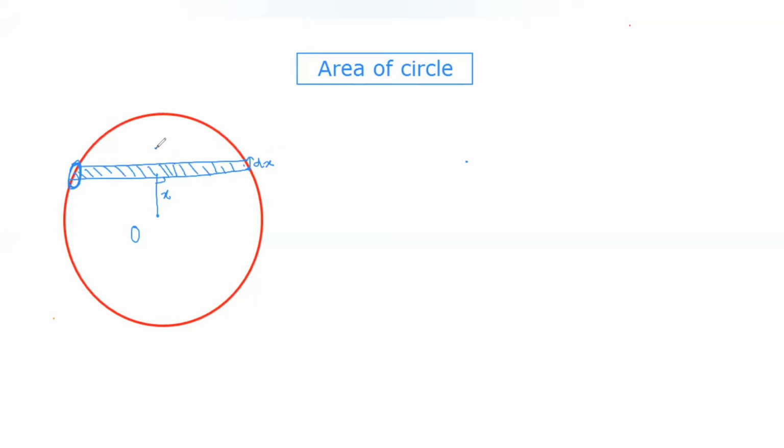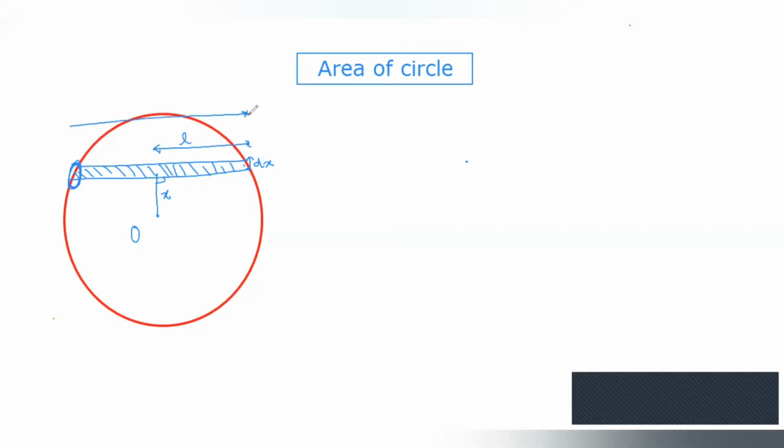Now let us consider this length as L. So this full length will be twice of L, since this is perpendicular to the chord. Now, the area for the shaded portion: since it is a rectangle, the area will be length into breadth.